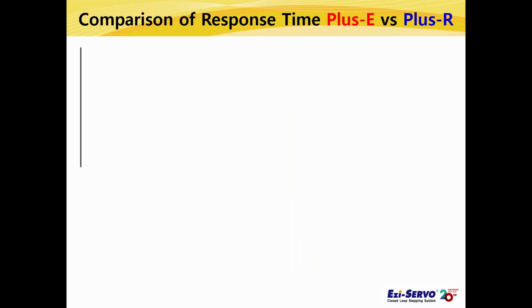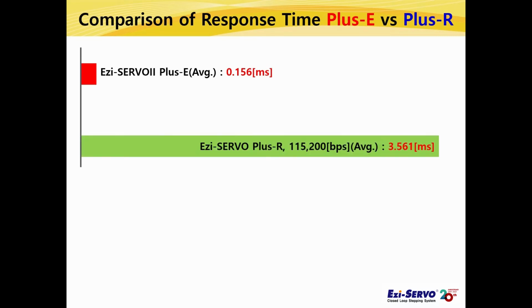As a result of the test, the response time of Ezi-SERVOII Plus-E is 0.156 millisecond when the average value is calculated for all functions. And when the communication speed of Ezi-SERVO Plus-R is 115,200 bps, the response time is 3.561 millisecond on average.